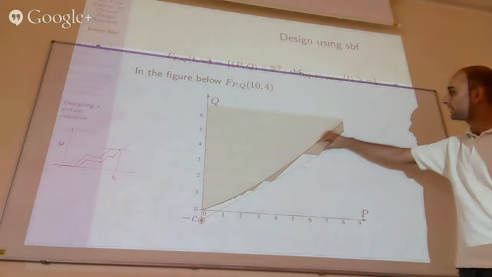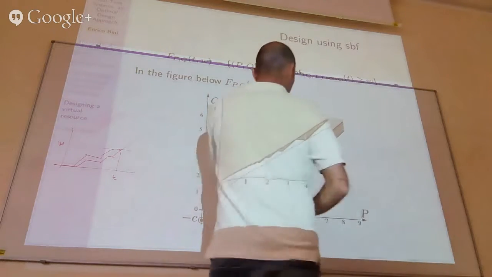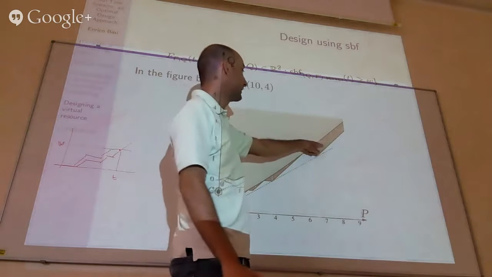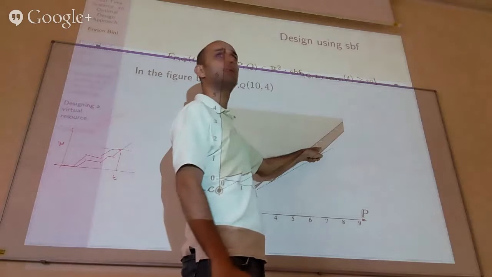The points here are the points for which the server PQ can guarantee this point, but the linear lower bound corresponding to the same server PQ cannot.